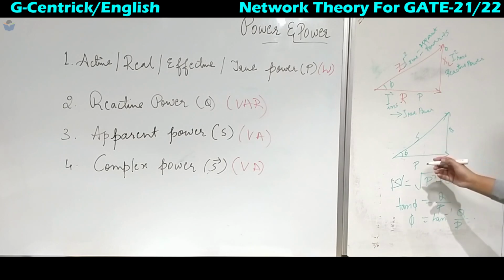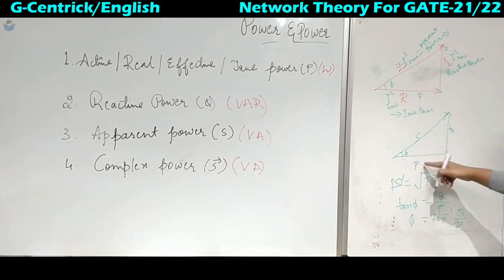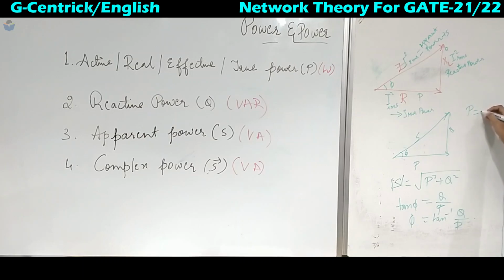Now, first we will write the power in the normal terms: P equals V RMS I RMS into cos phi, and Q equals V RMS I RMS into sin phi.